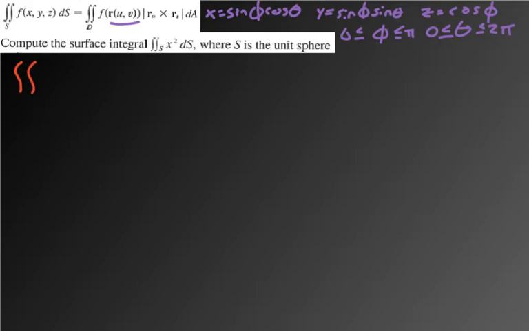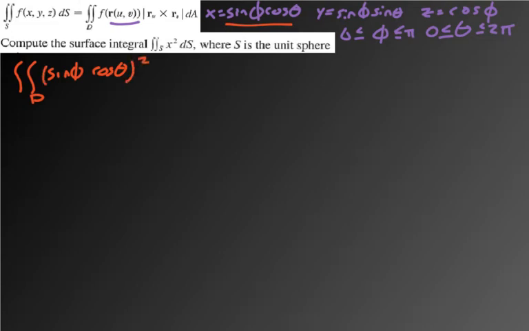Then just like a line integral, you basically start plugging stuff in. We have x squared, so this is my x, and I'm going to have to square that thing: sine phi cos theta, all of that squared.